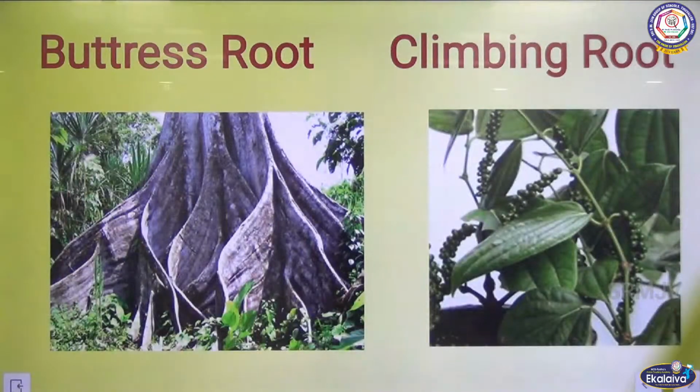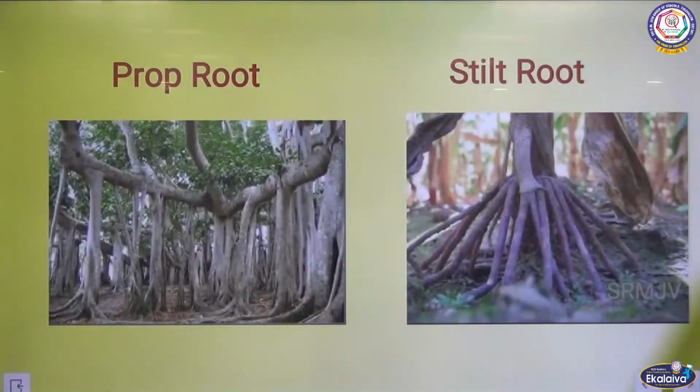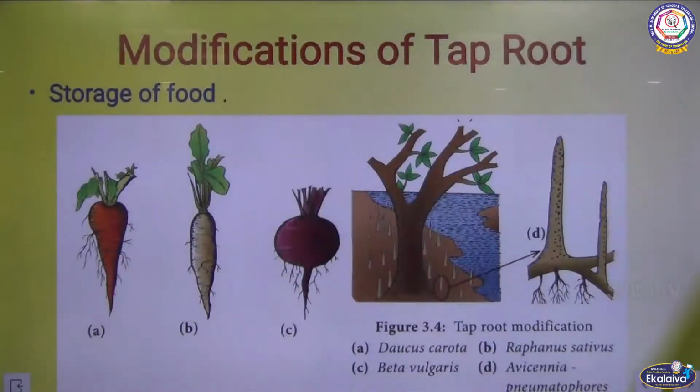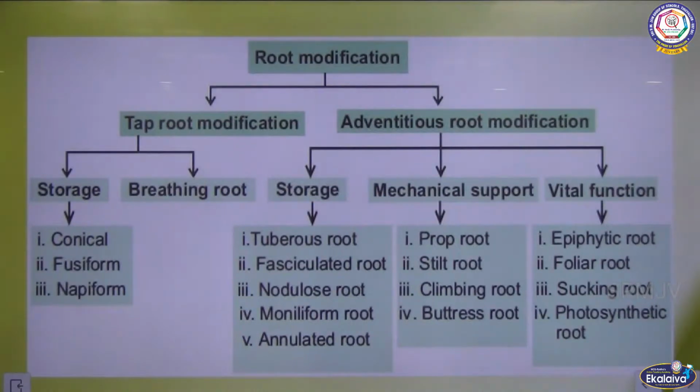And you will find photosynthetic roots also, in an example called Tinospora, where the roots develop chlorophyll and turn green, which helps in photosynthesis.